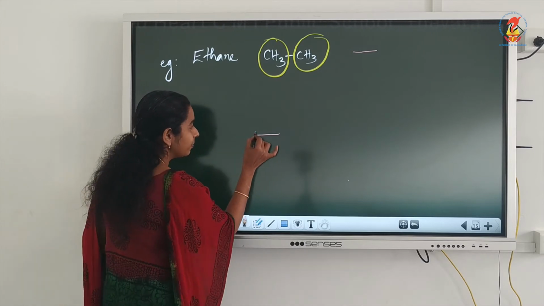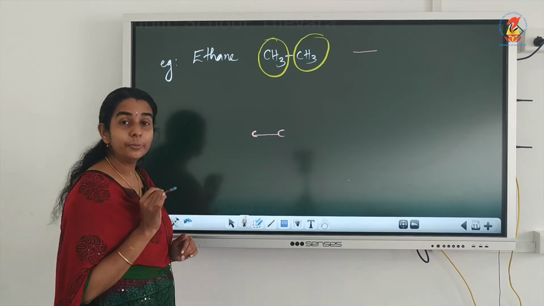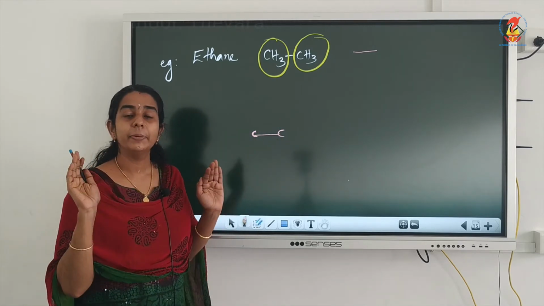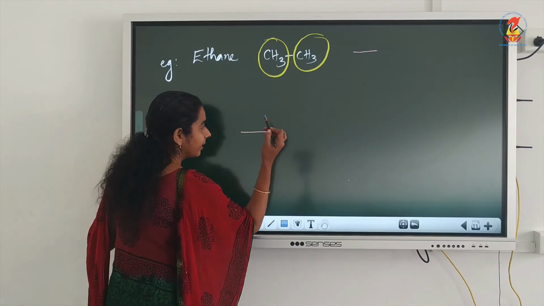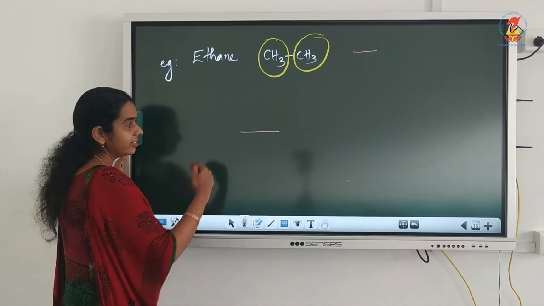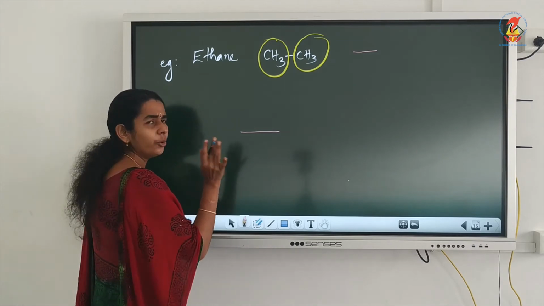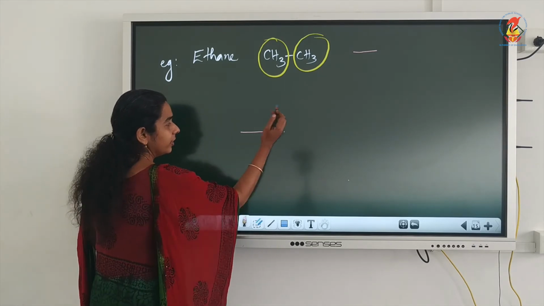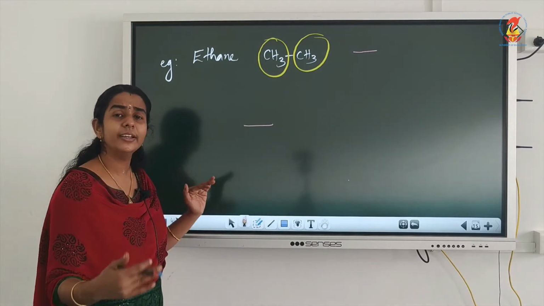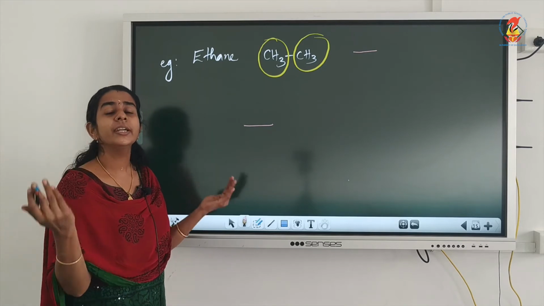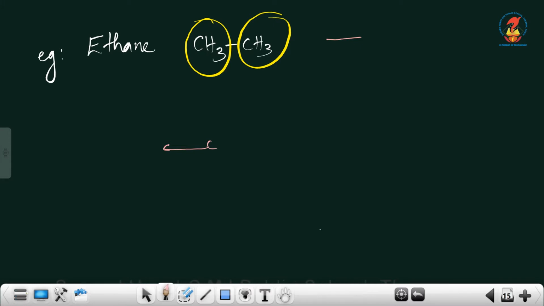So here there is one carbon, here there is one carbon, and the terminals, if singly bonded, will definitely be a methyl group. So remember once again, if a bond line structure is given like this, this is what is called ethane. No need to learn by heart. If a structure is given like this as bond line, you can identify the molecule, because here there is one carbon, here also there is one carbon, isn't it?